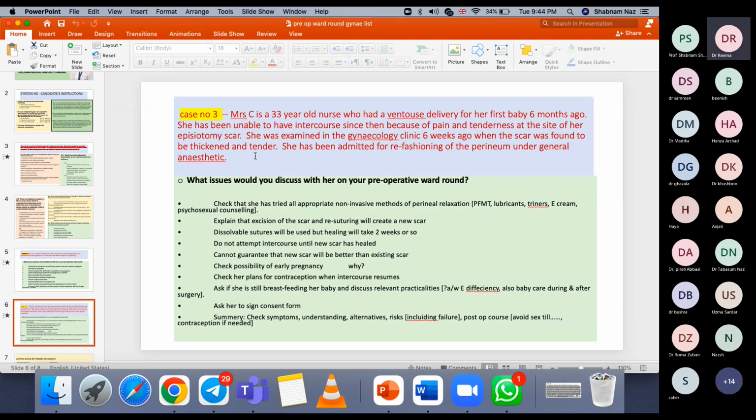Sorry, ma'am. I will look for the anesthetic review and fitness of the patient. I will look for certain investigations, and then I will tell the patient about the procedure, the procedure risks, complications, and certain post-operative care. And I will address any concerns the patient may have.